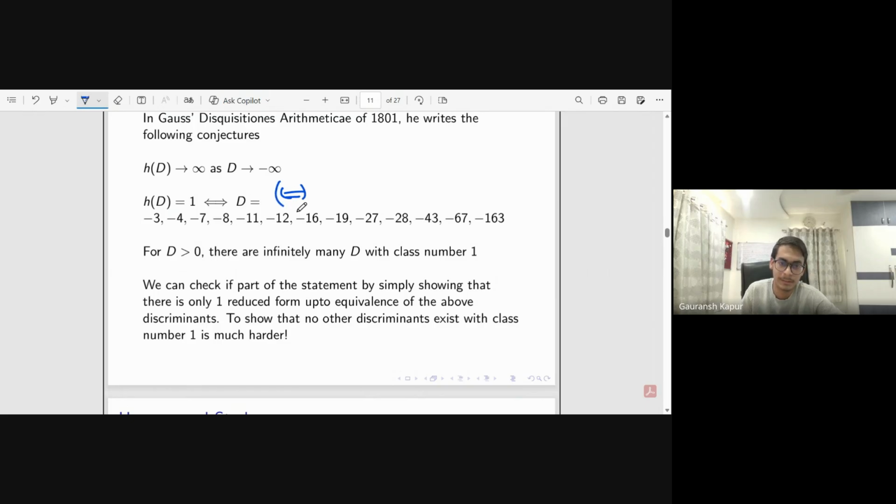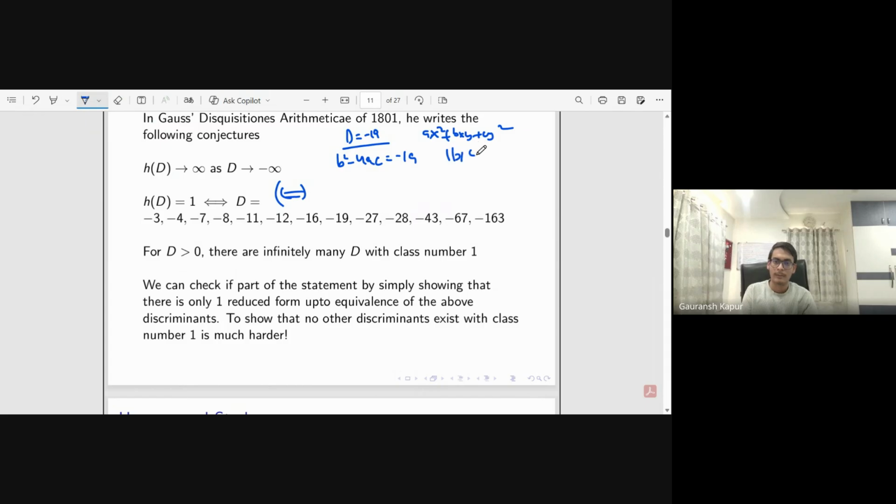So if D is one of these values, let's do one check. For example, let's say D is minus 19. Then a reduced form must have discriminant minus 19. So let's say our form is ax square plus bxy plus cy square. The discriminant is b square minus 4ac, which is minus 19.